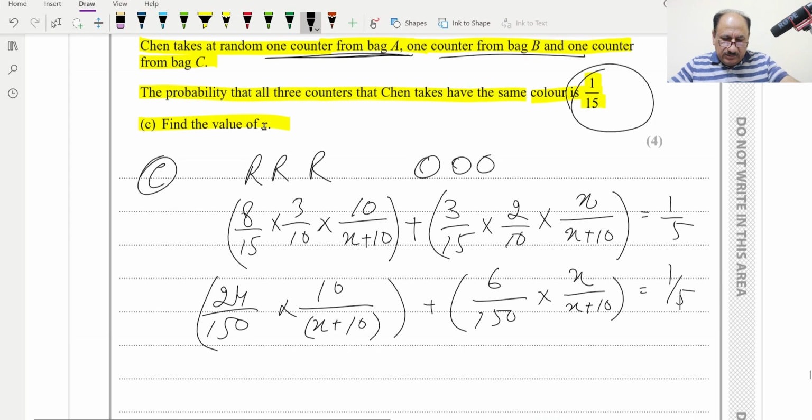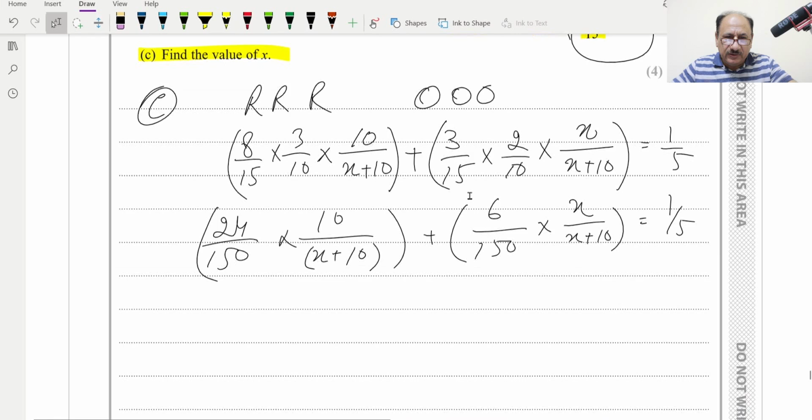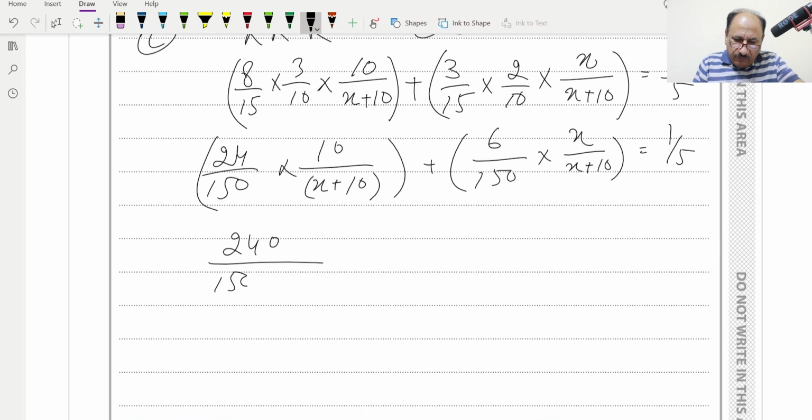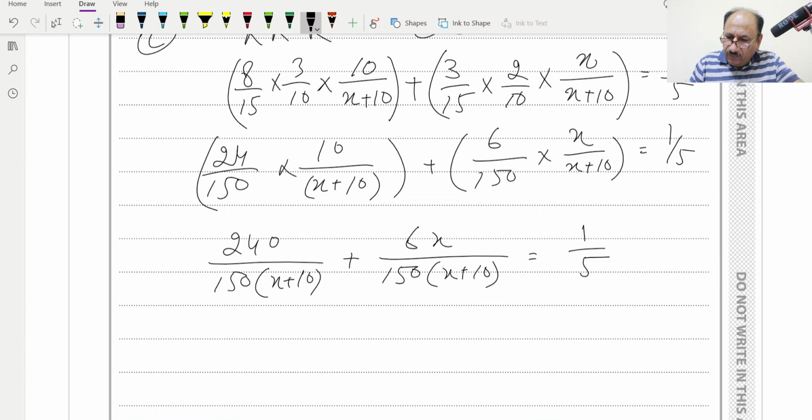And similarly, now we can further simplify this, and we can find the value of X also. So this will be 240 over 150 into X plus 10, plus this will be 6x over 150 into X plus 10, and this is equal to 1 over 5. So we can basically take LCM.